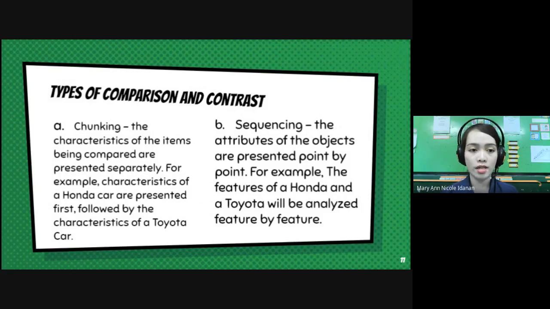When we say chunking, the characteristics of the items being compared are presented separately. For example, the characteristics of a Honda car are presented first, followed by the characteristics of a Toyota car. We compared and contrasted reading versus critical reading last time, right?